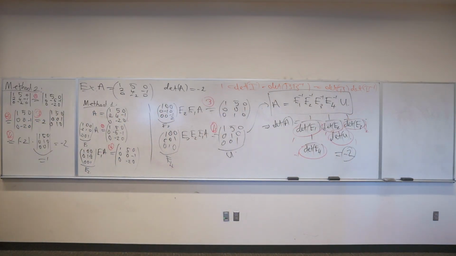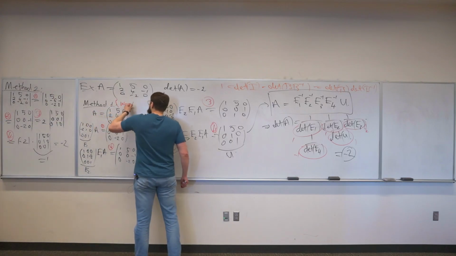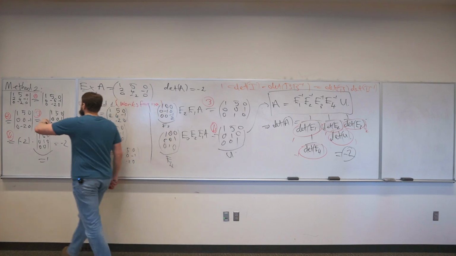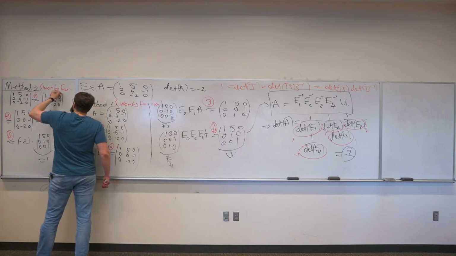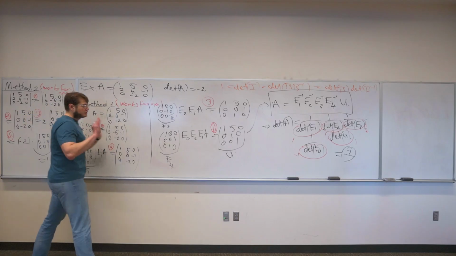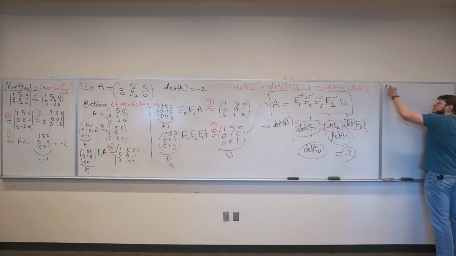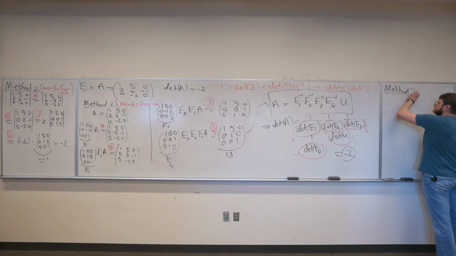So I should record this. This works for n by n. This works for n by n. Method 3 is only for 3 by 3s. And it's kind of mysterious in a sense.